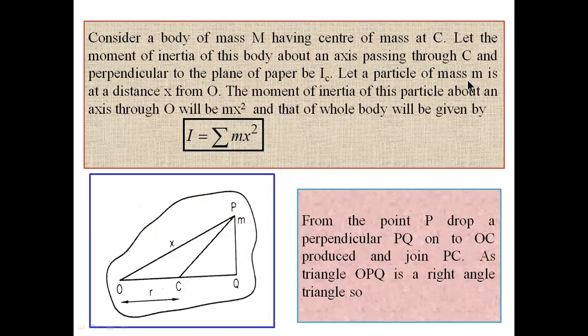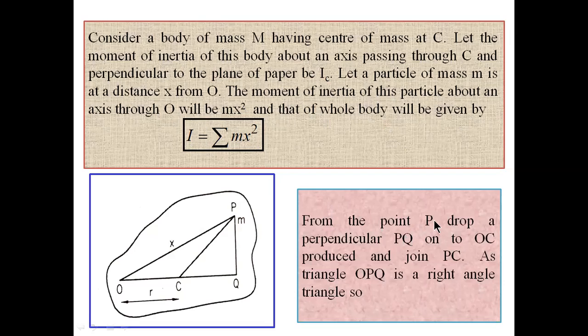Let a particle of mass m be at a distance x from O. So O is some point and from here the particle is at a distance x. The moment of inertia of this particle about an axis through O will be m x square, and that of the whole body is given by I equal to summation over m x square.